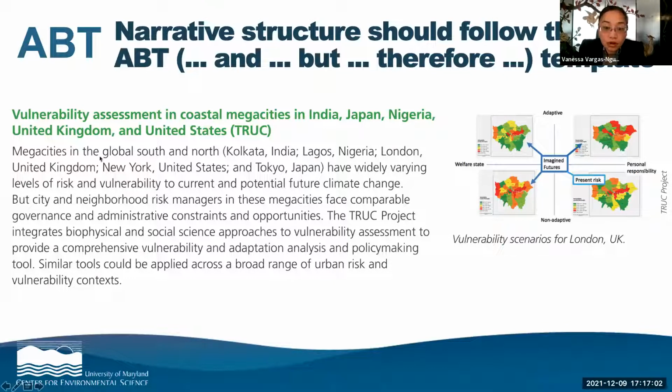You can see the opening sentence starts with a description of the risk level of megacities globally. The project is about assessing vulnerability in coastal megacities. So they start the statement with the description of that and followed it up with a problem that the risk managers in this city face. And then they conclude the statement with how their project is addressing the issue.